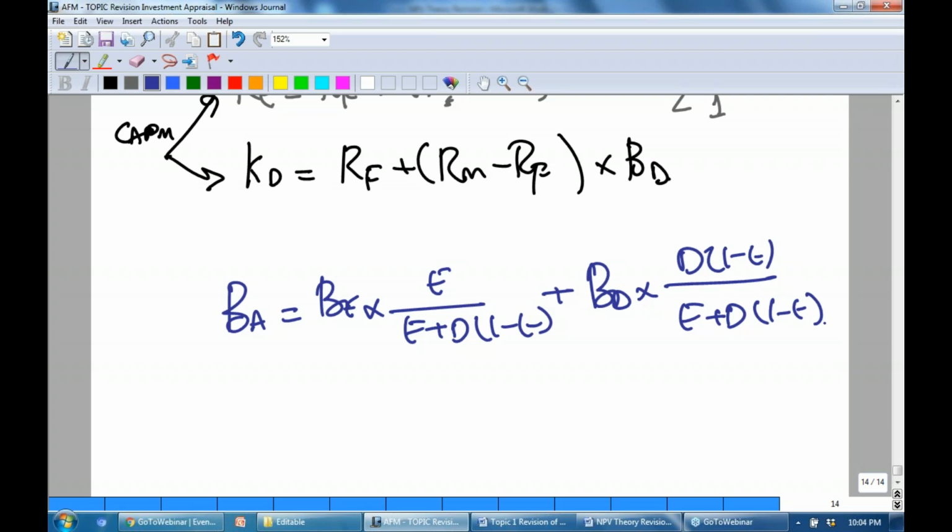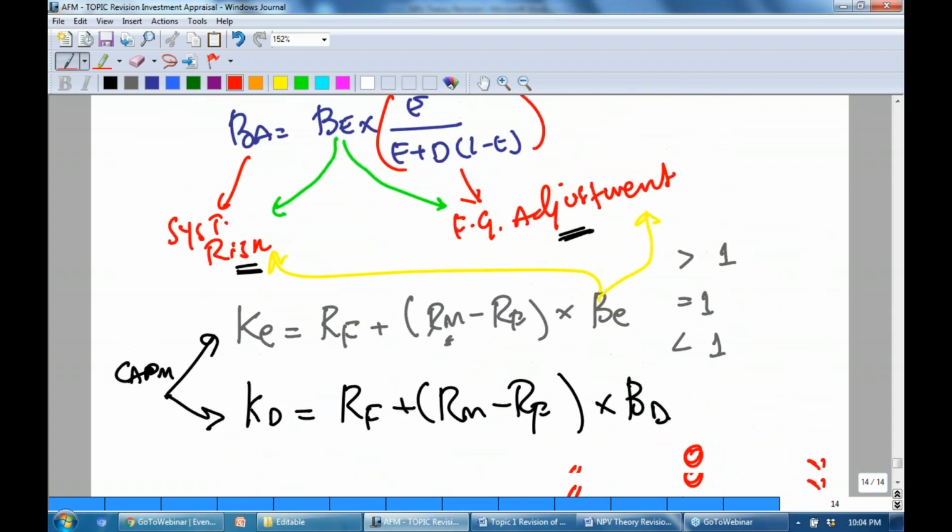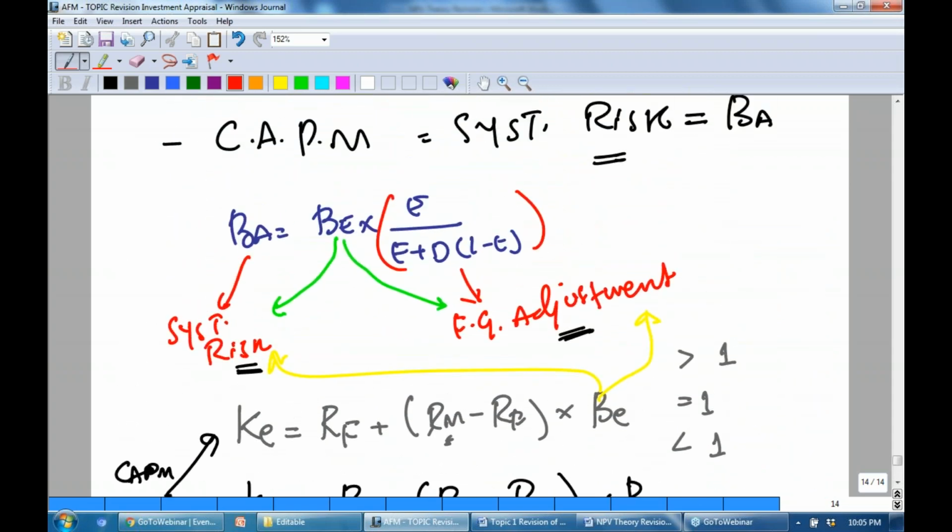In F9, there was always the assumption that debt beta is 0, so that is why this portion eliminates. In AFM, the majority of the times, debt beta is not available. But if available, that means this is the complete formula. Otherwise, we will work out only this one.